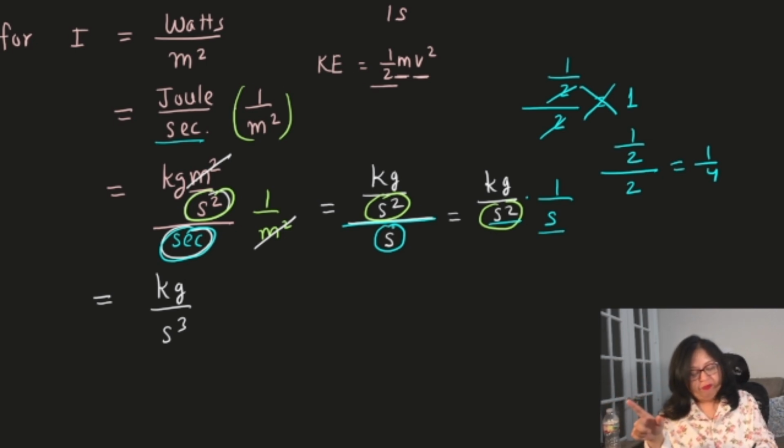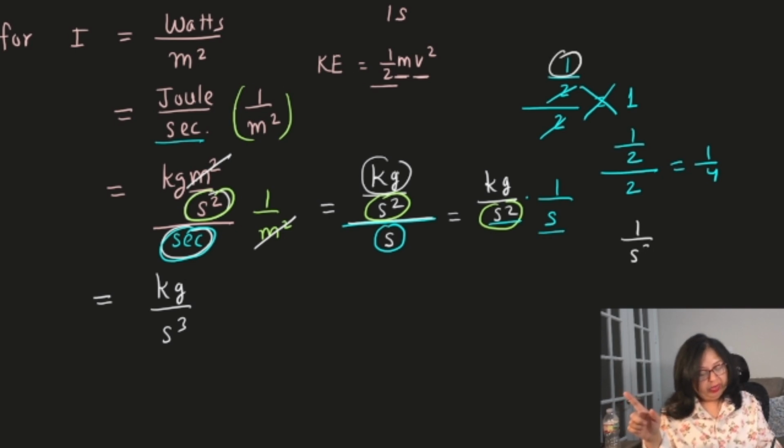Similarly here, if let's say this kilogram was just equal to 1, then I have 1 over second squared divided by second. It's the same thing now. 1/2 divided by 2 is equal to 1/2 times 1/2.